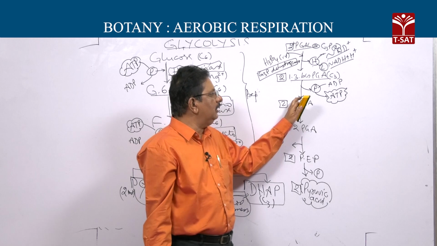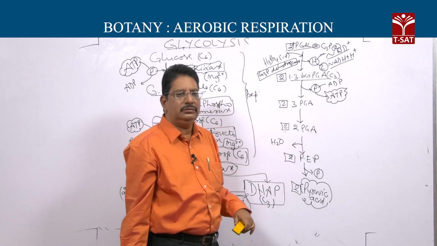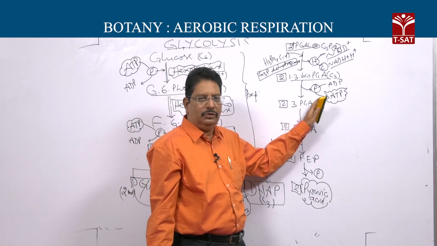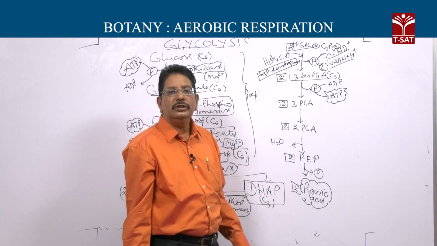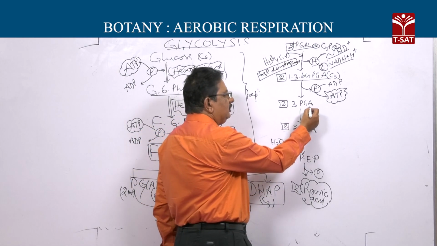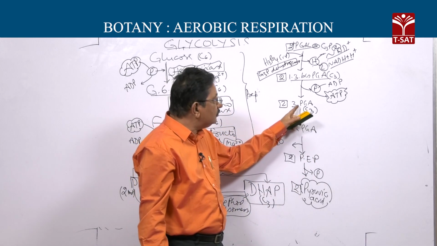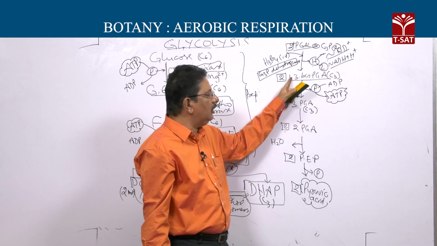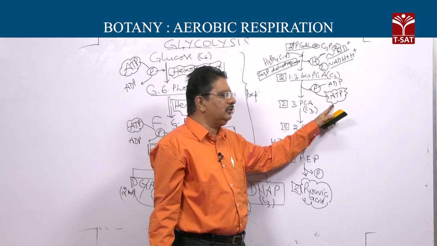So, chemically this reaction is called dephosphorylation, where phosphate is removed and added to ADP, converting into the cell currency ATP. So, another C3 molecule is formed, which is called 3-phosphoglyceric acid.